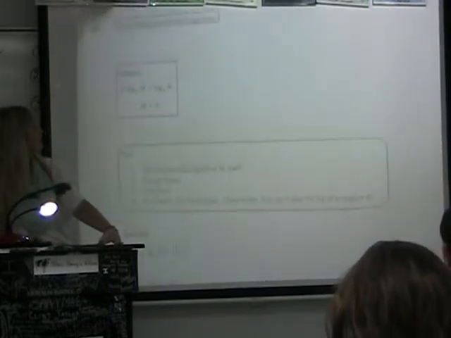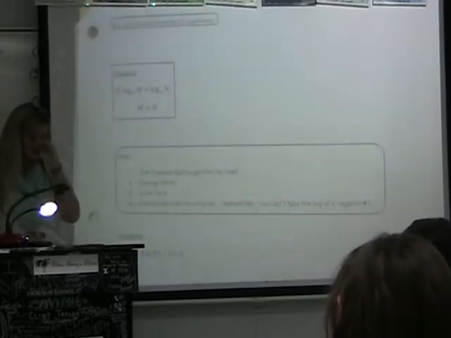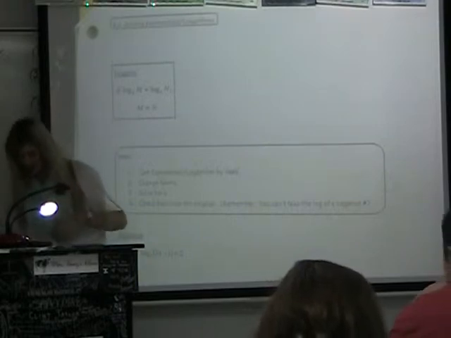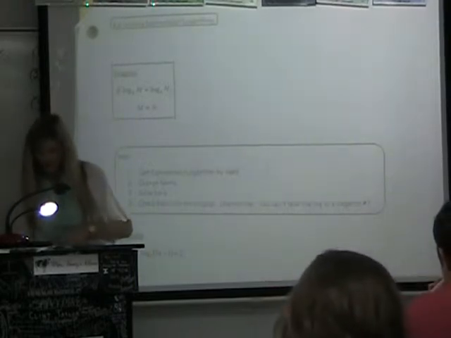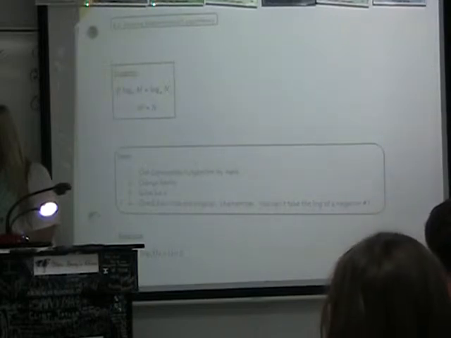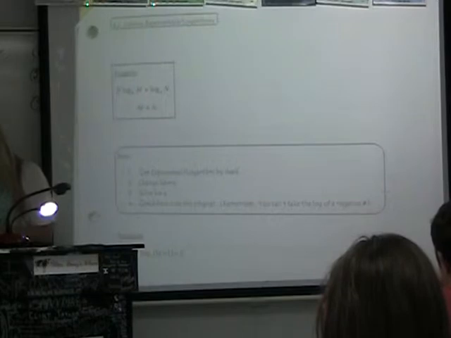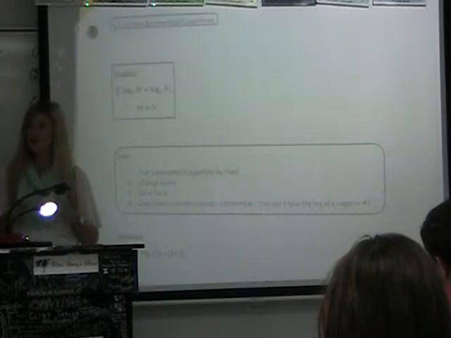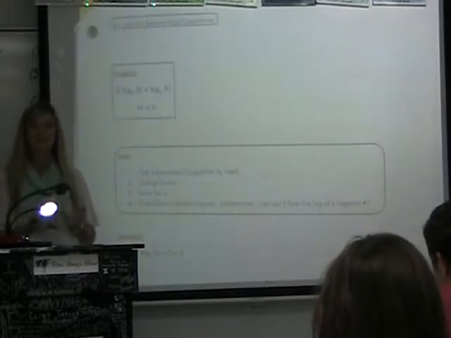The next page is talking about solving exponentials and logarithms. And so there's a property at the top of the page that we could use. It doesn't work a lot of the time, but when it does work, it's extremely helpful.